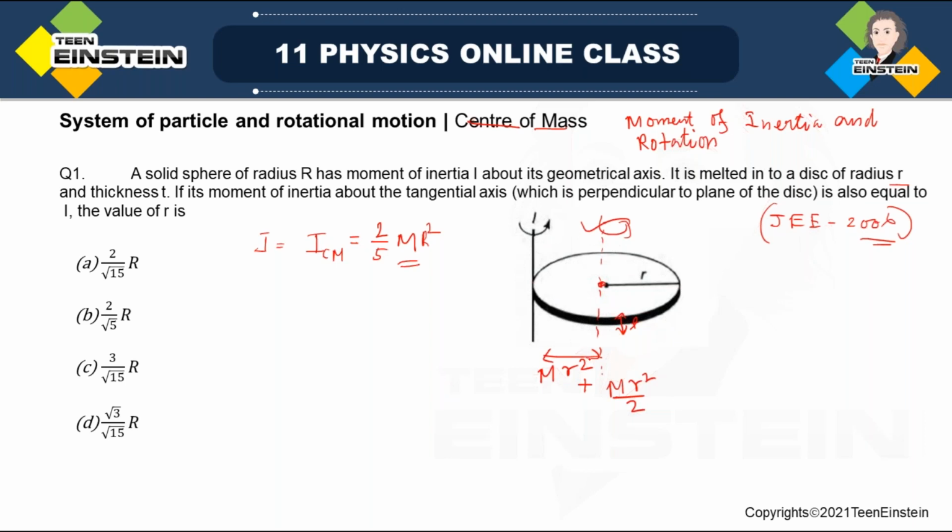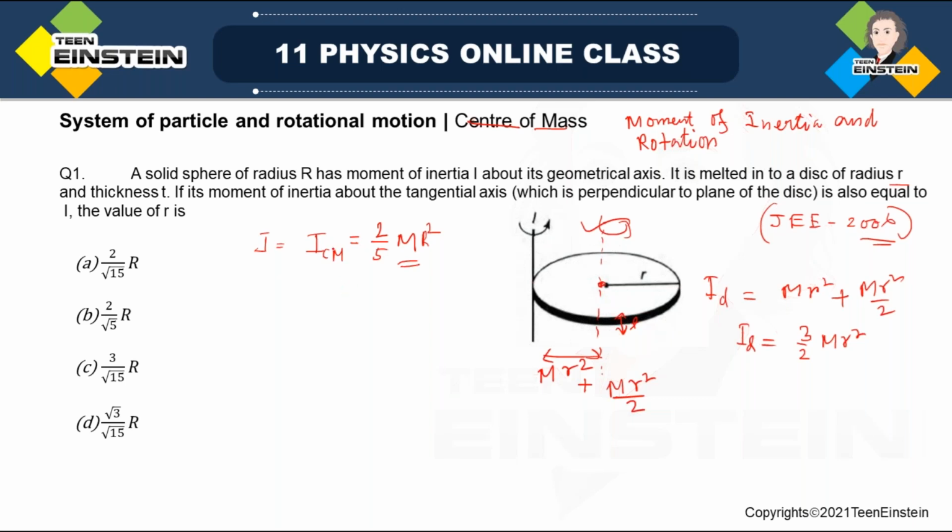Using the parallel axis theorem, we can find the moment of inertia of the disk: M r square plus M r square by 2. This is about the center of mass, and this is the mass of the disk times the square of the distance from the center of mass to the axis. So this will be 3 by 2 M r square. Okay, this is for a disk.